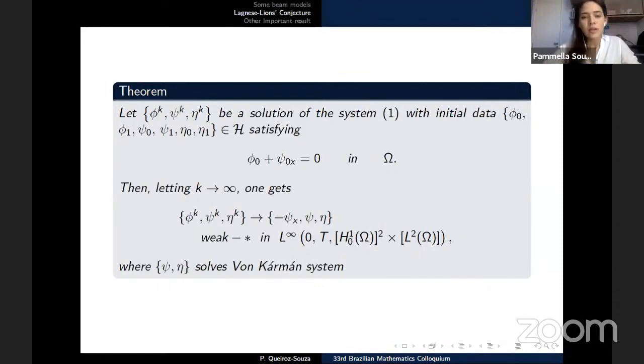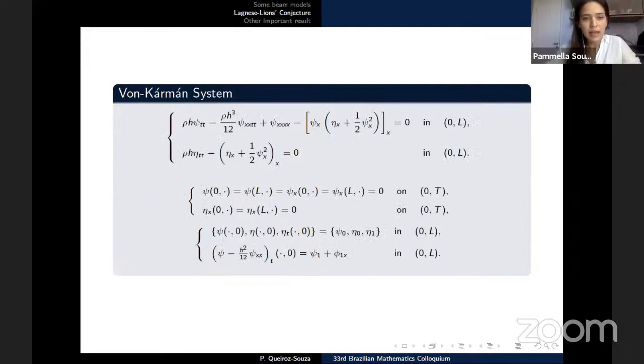If we consider initial data in an appropriate space satisfying this condition, phi_0 plus psi_0x is equal to 0, then letting k go to infinity, one gets weak-star convergence in an appropriate space. Here we can see that phi and eta solve the von Karman system. Here we have the von Karman system with the boundary conditions and initial data.